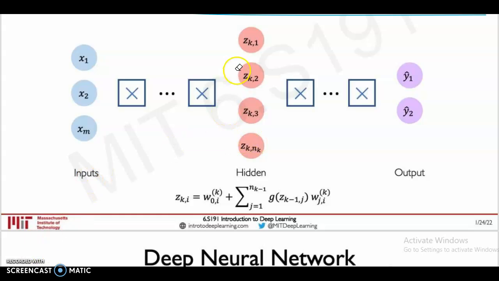Zk,i, if we take this one, for example, Zk,i equals w0,i power k.